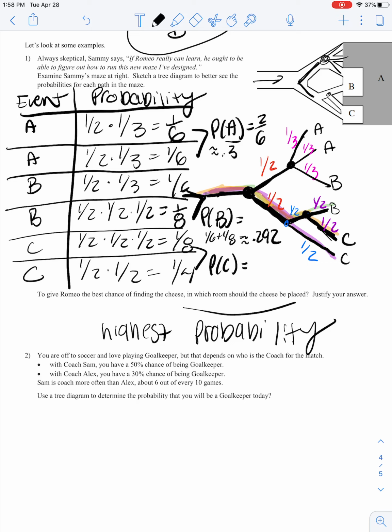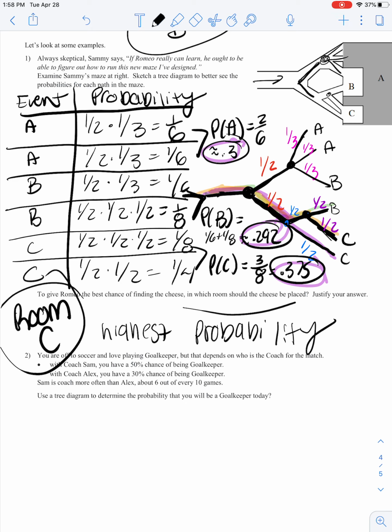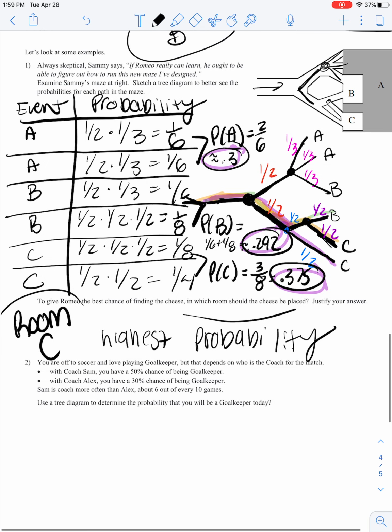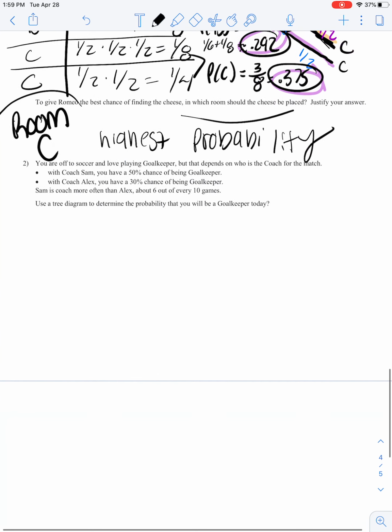The probability of him getting to room C is equal to 1/4 plus 1/8, which is 3/8, which is about 0.375. So if we look at our 3 final answers of each room, he has the largest probability of getting to room C. So room C has the highest possibility. So he should place the cheese in room C to give Romeo the best chance.